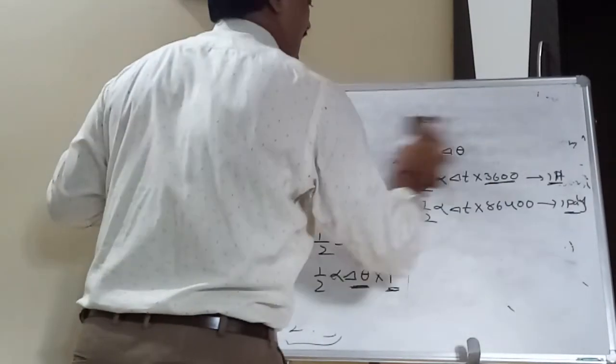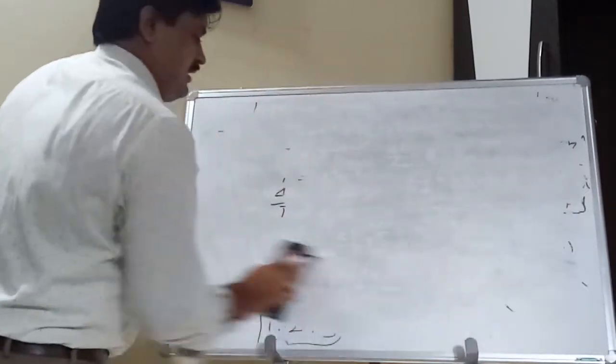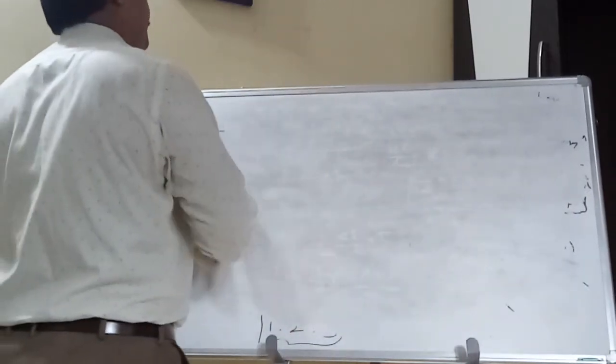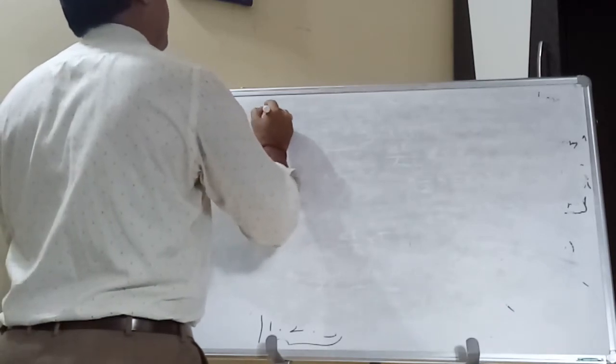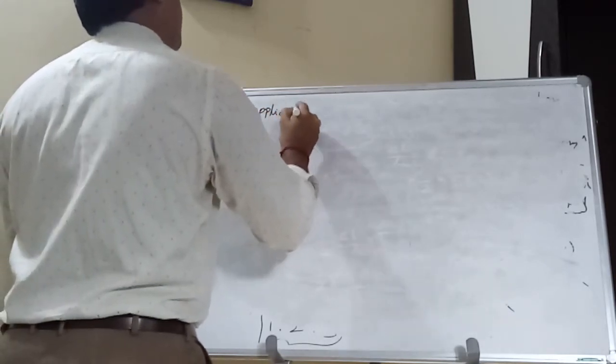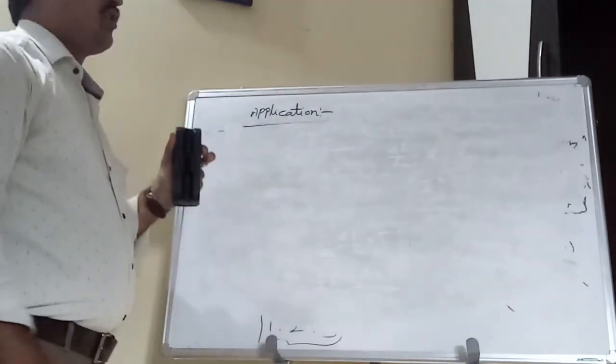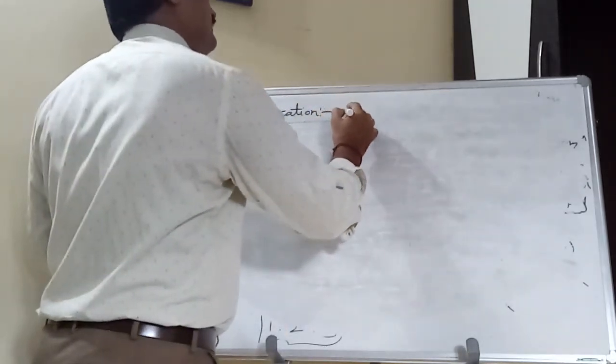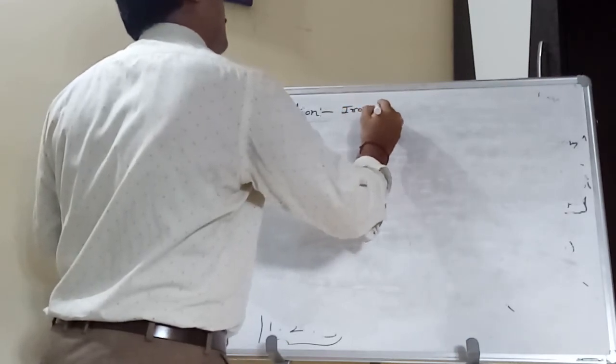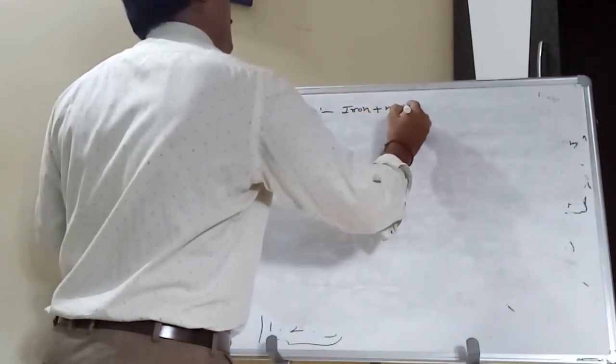Applications of linear expansion. Invar is an alloy material, a combination of iron, nickel and carbon.